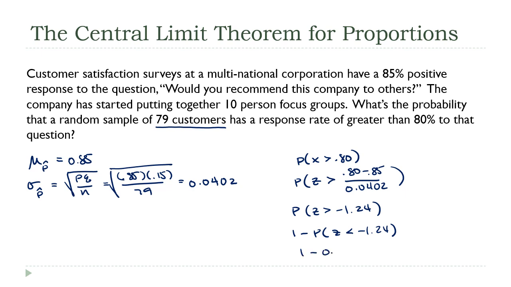This is 1 minus 0.107488, which is 0.892512. And that's it. That's my probability. That's the probability that the response of my group is greater than 80%.